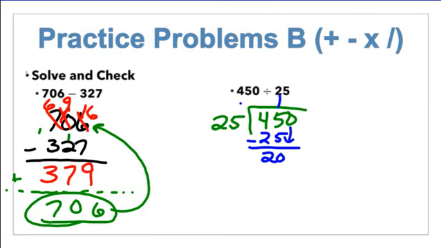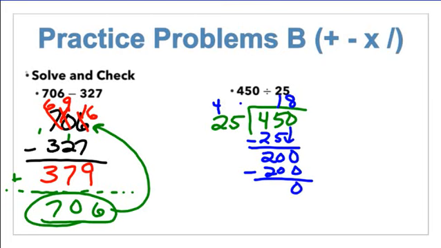Bring down the next digit, 0. 25 goes into 200 8 times. 8 times 5 is 40. 8 times 2 is 16, plus 4 is 20. Subtract and you get 0.